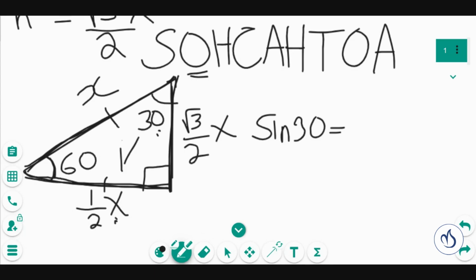This is the opposite. The angle is facing there. This is a half x over the hypotenuse, which is just x. Half x over x, the x and x go wherever they go, so you remain with a half.